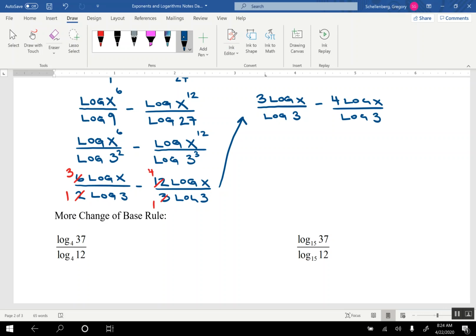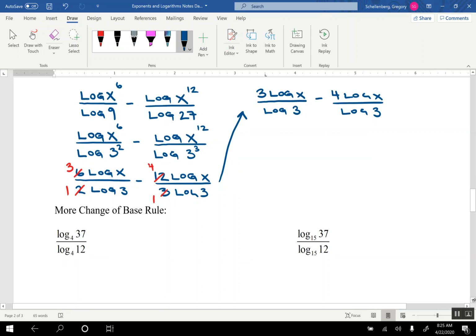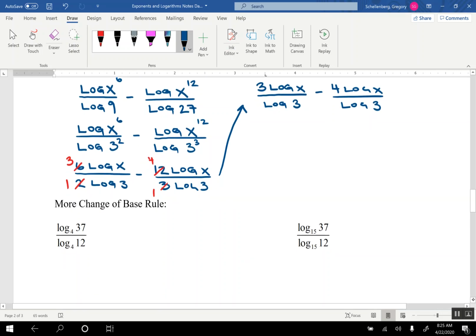Okay, and so what we notice now is we do have a common denominator, so we can combine those numerators, and in fact our numerators are like logarithms. So 3 log x minus 4 log x, we are just adding and subtracting the coefficients. That gives us negative log x, or negative 1 log x, divided by the log of 3.